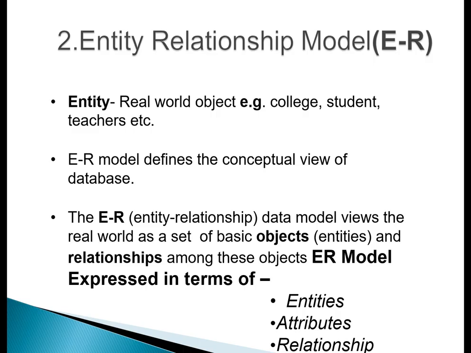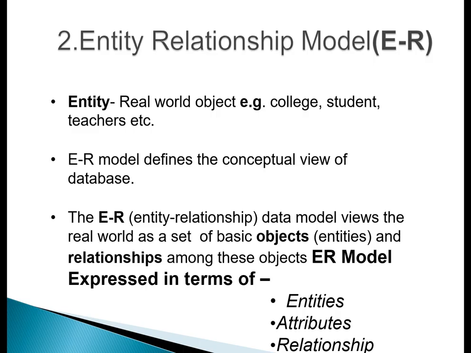For example, college, student, teacher, bed, fan, laptop, bank account, everything that exists in the real world is nothing but your entity. Now, this ER model defines the conceptual view of the database. When many entities are there and these entities are related to each other, that relationship is represented with the help of this ER model.